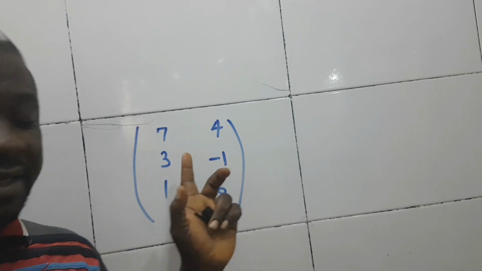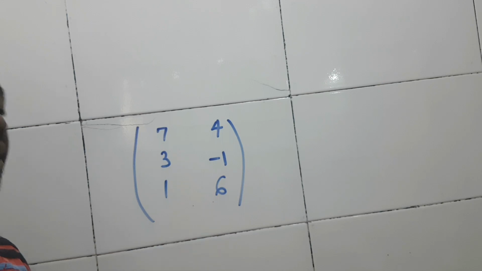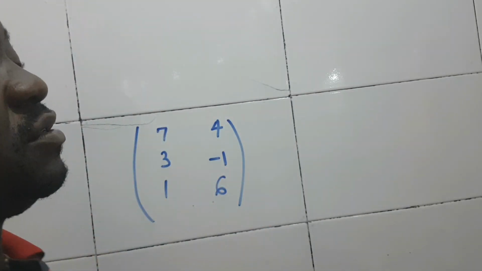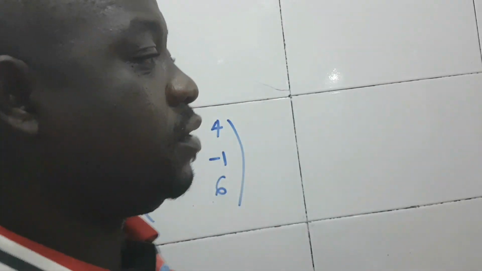Anytime you come in contact with questions like this, you should know that this is a matrix. What they will be asking you is to find the determinant, add one matrix to another matrix, subtract one matrix from another, find the transpose of this also, or use matrix to solve this simultaneous equation.